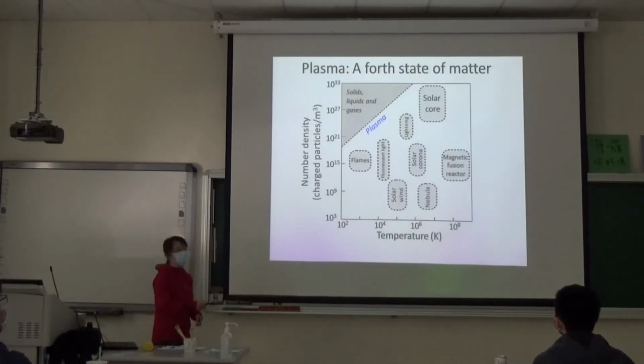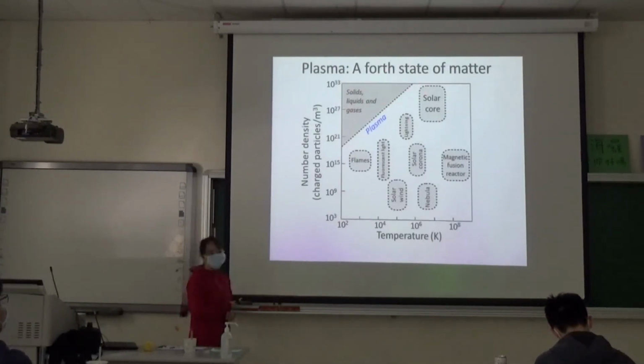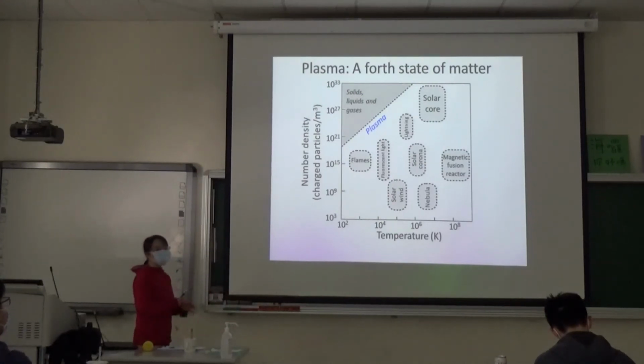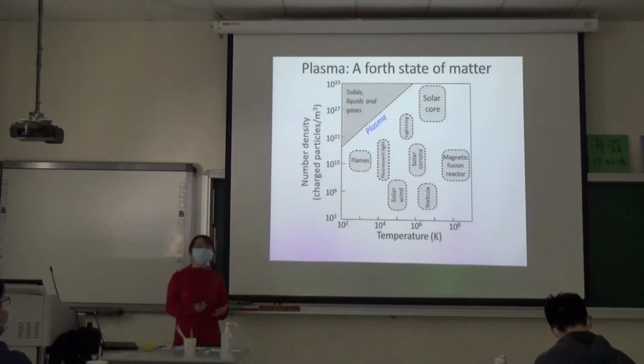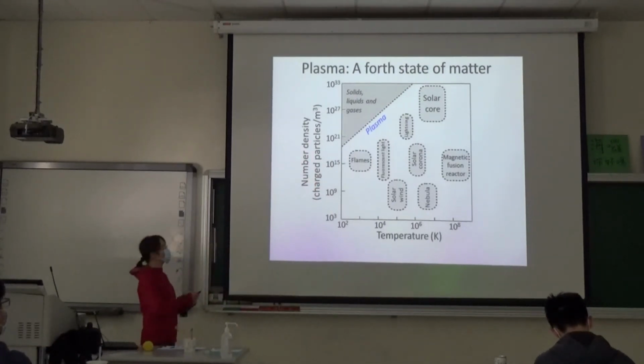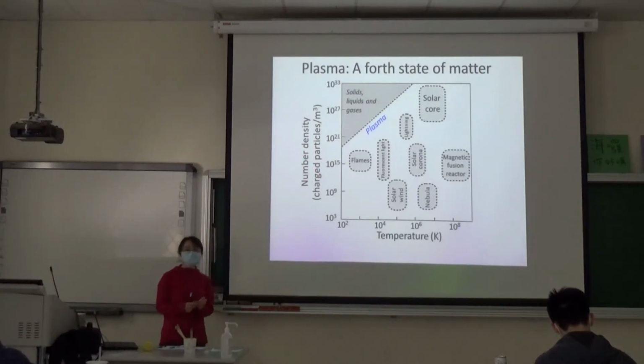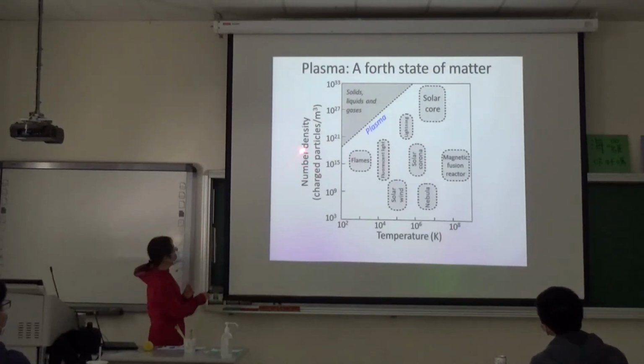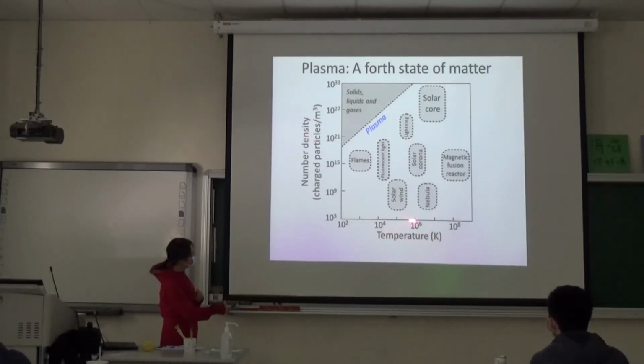So, plasma is the so-called fourth state of matter. Usually when we talk about the state of matter, we use the temperature and pressure diagram. And actually, the so-called pressure is equal to number density, which is the number of particles per volume. That is pressure. And here, this is temperature.